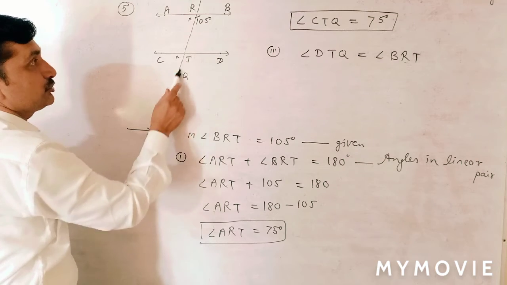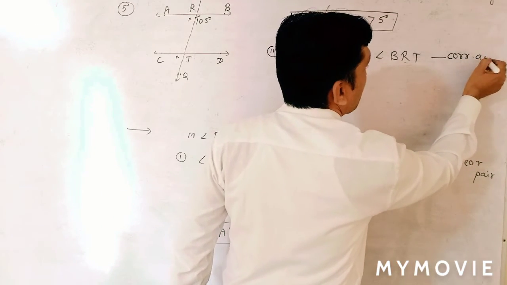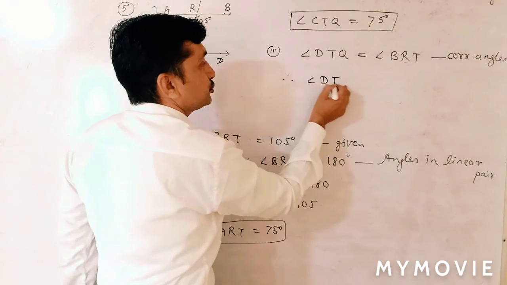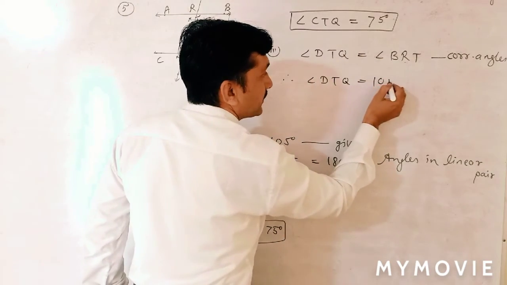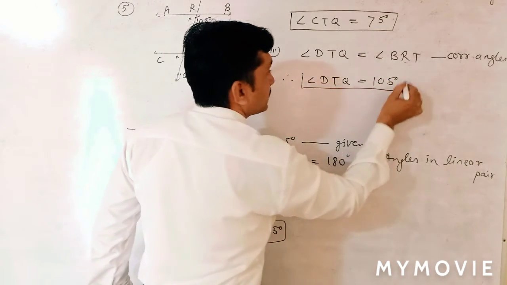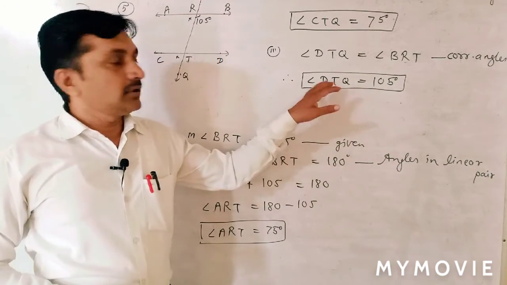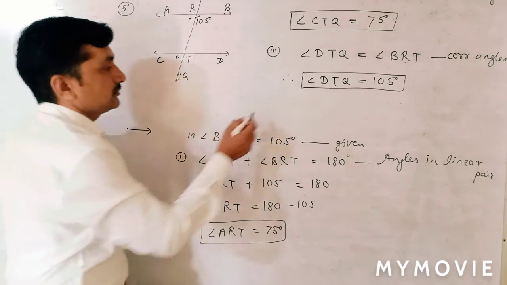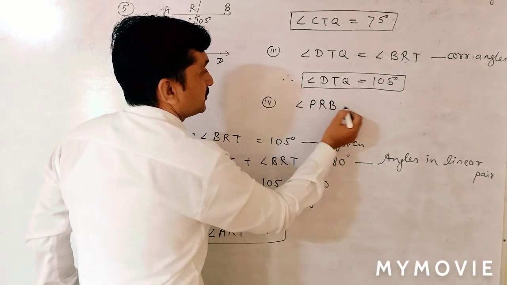BRT and DTQ are corresponding angles, and therefore angle DTQ is equal to BRT. We know it is already given, 105 degrees. Third angle we got, and the fourth angle we want is PRB.